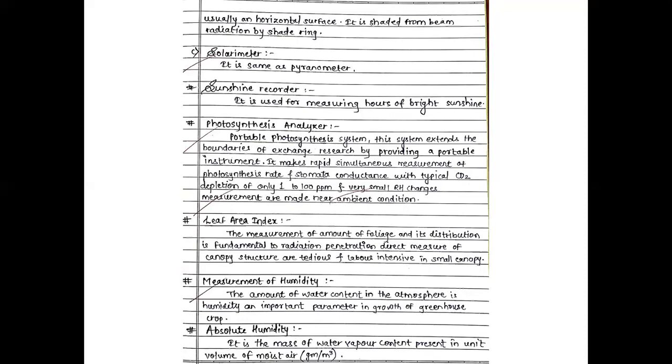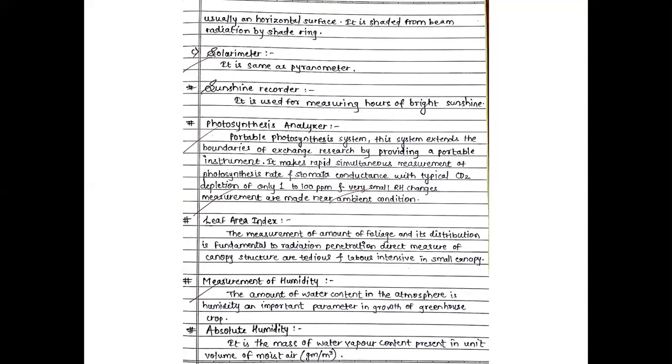Then the photosynthesis analyzer, a portable photosynthesis system. This system extends the boundaries of gas exchange research by providing a portable instrument. It makes rapid simultaneous measurement of photosynthesis rate and stomatal conductance with typical CO2 depletion of only 1 to 100 ppm, and very small RH changes. Measurements are made near ambient condition.